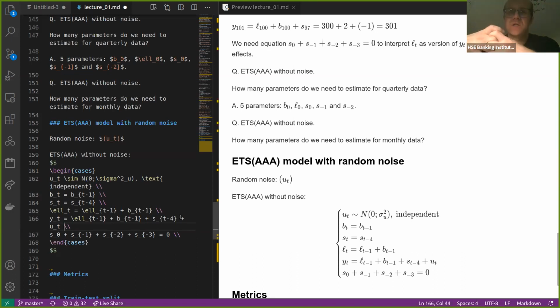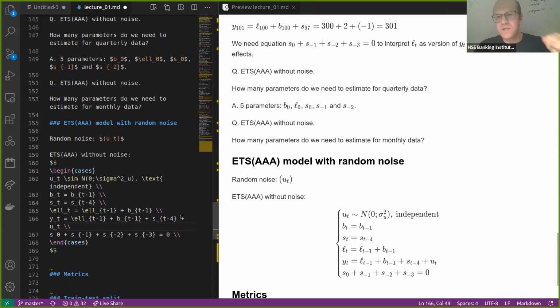It may influence growth rate. So random noise in the model can influence every equation, with the exception of the last one, the normalization equation. So I will add UT in every equation.